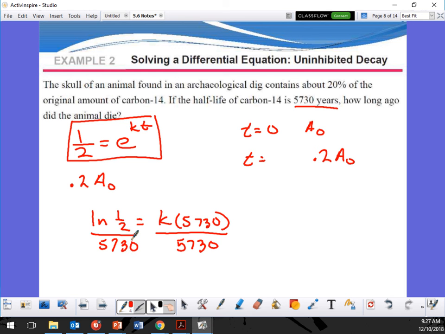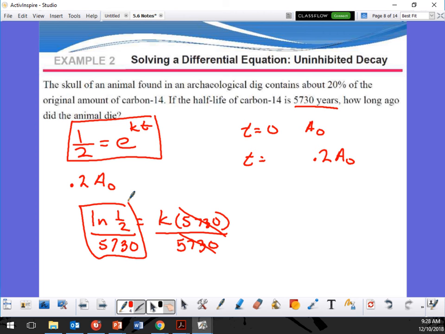So I'm going to end up getting K is equal to this nasty thing right here. So I have the rate. I just realized, is that what you were trying to say earlier before I got to the 1/2 part? Yes. Isn't that what we were doing? Yeah, we were, but I was trying to get on to the 0.2 part, like the amount.